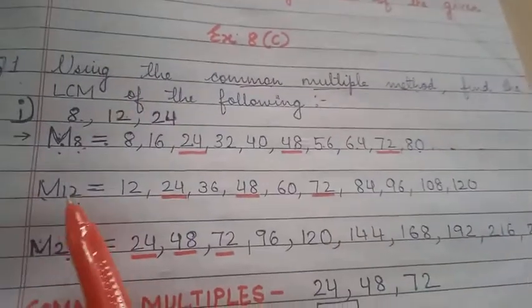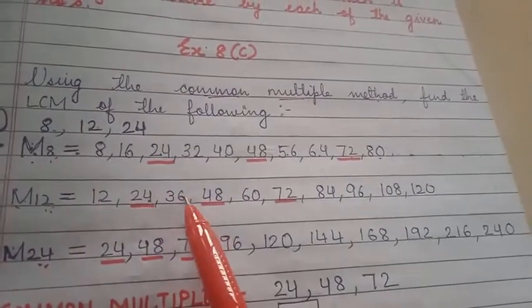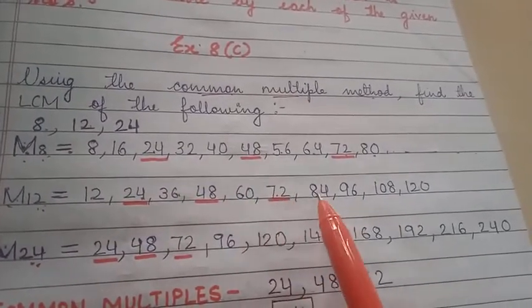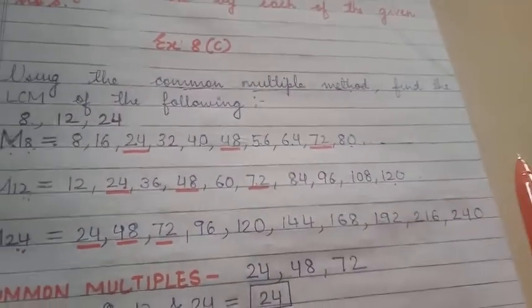Here also M of 12 means the table of 12. 12 ones are 12, 12 twos are 24, 36, 48, 60, 72, 84, 96, 108, 120. You can continue if needed.